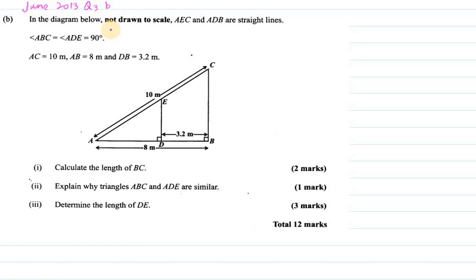Angle ABC is equal to angle ADE, which is equal to 90 degrees. AC is equal to 10 meters, AB is equal to 8 meters, and DB is equal to 3.2 meters. We are required in part 1 to calculate the length of BC.